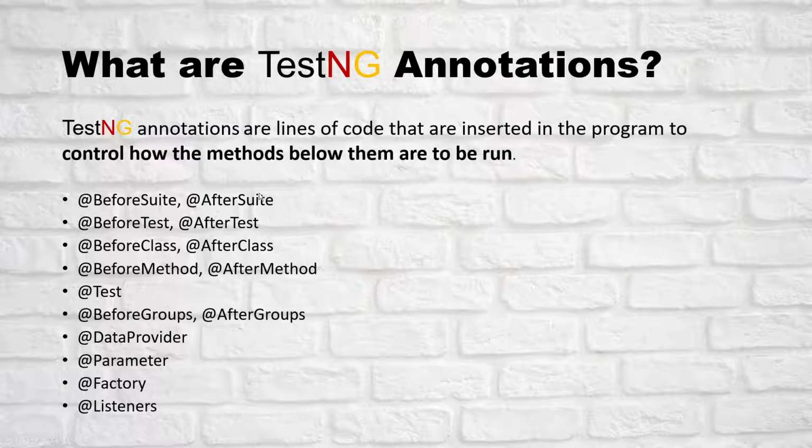These are the different annotations. They are 15 in number, I hope the count is correct, and they all have different meanings. They all serve different purposes within a project.